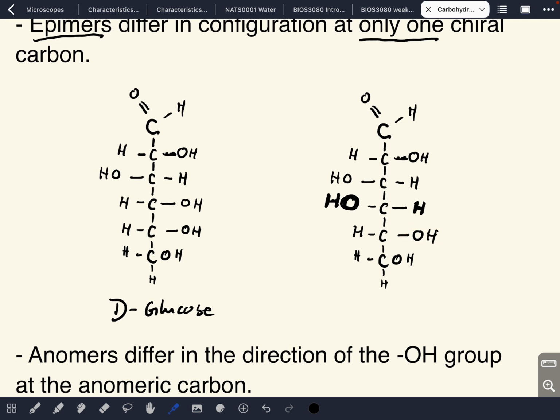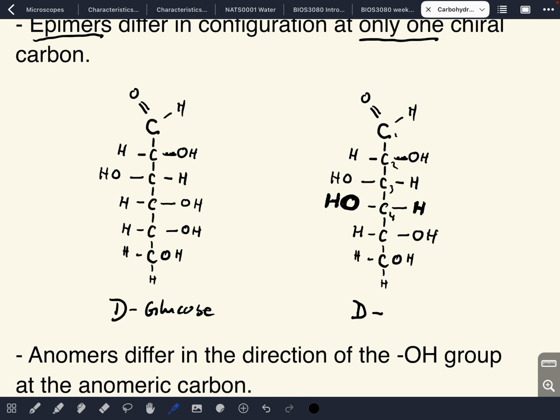So it's also pointing towards the right, so it would be a D. But what we see is that, counting 1, 2, 3, 4, the OH group on carbon 4 here is pointing to the left, whereas in glucose the same OH group is pointing to the right.